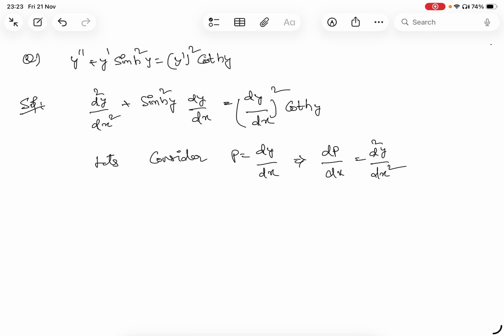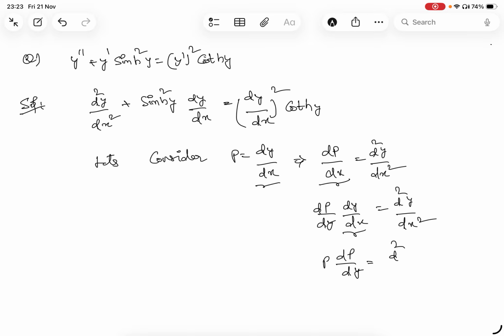Now this dp/dx can be written as dp/dy into dy/dx, which is equal to d²y/dx². As we have considered dy/dx as p, this will be p dp/dy is equal to d²y/dx².